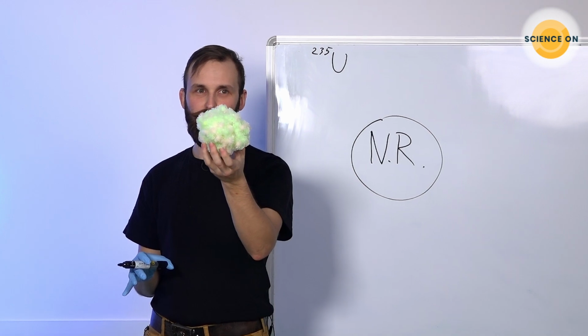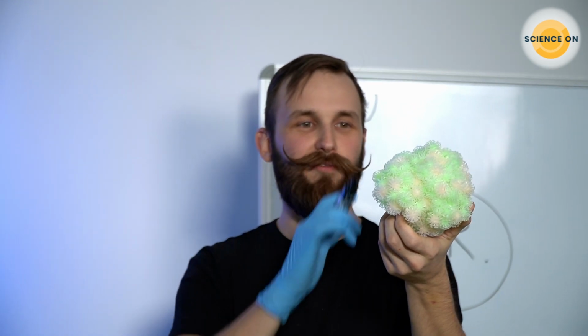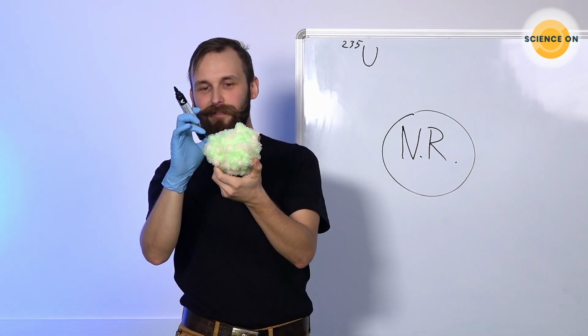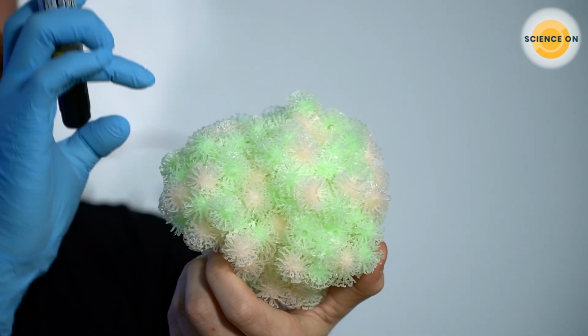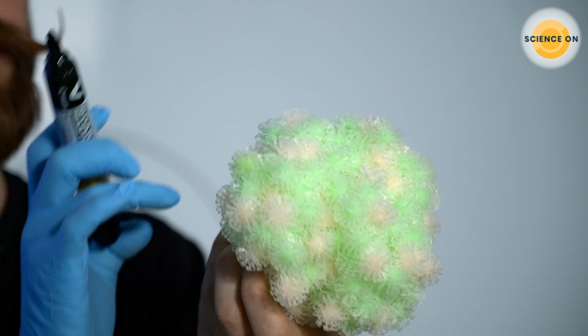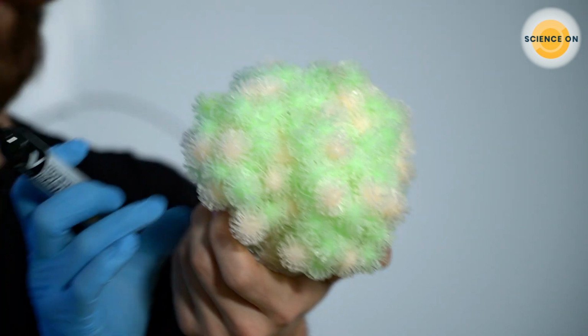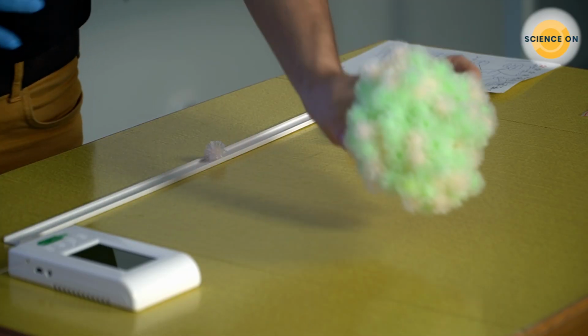So this is, for example, our model of uranium-235. There are 235 particles. These green ones are neutrons, and these orange ones, or whatever color it is, orangish ones, are protons.